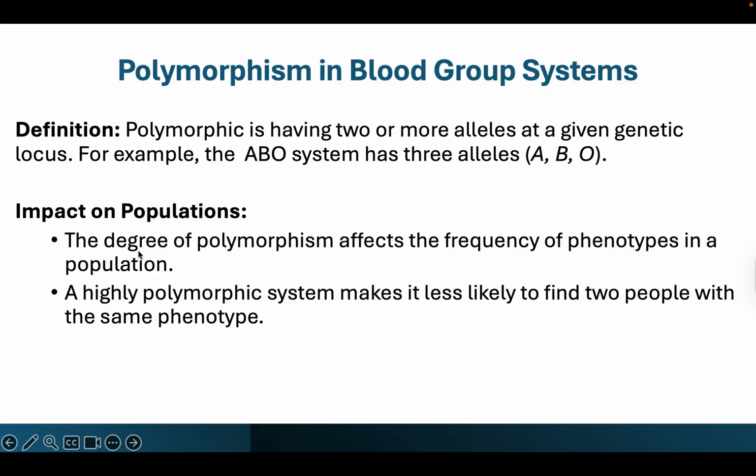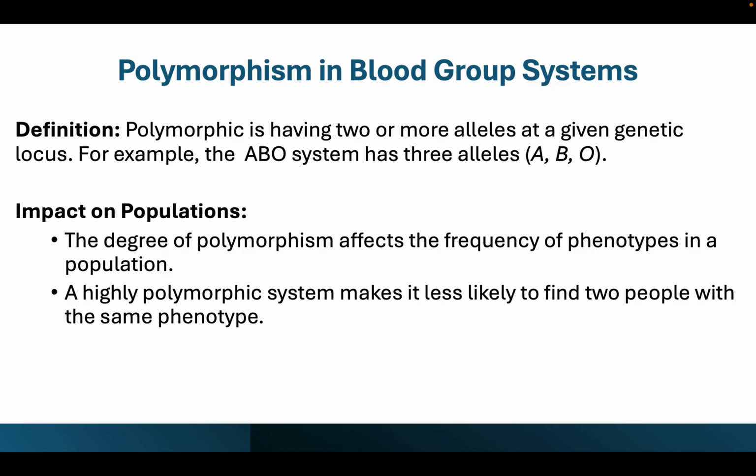How? We will see. The degree of polymorphism affects the frequency of the phenotype in the population. For example, if this population has 90% of the A blood group, that means, because two forms of allele can produce this phenotype, I can have AA or AO, that gives me an A phenotype, and this tells me how frequent this phenotype is in the population.